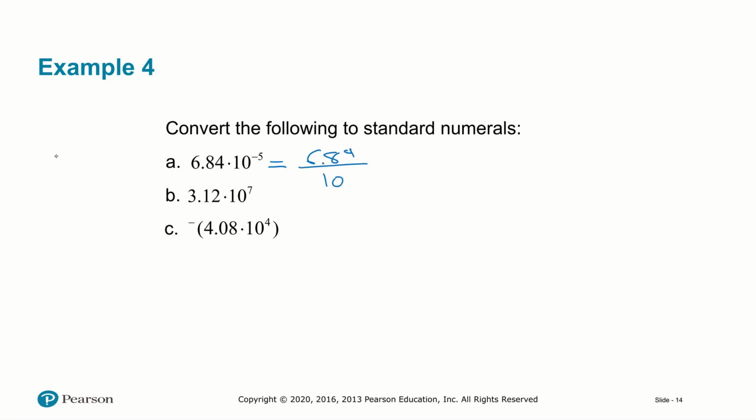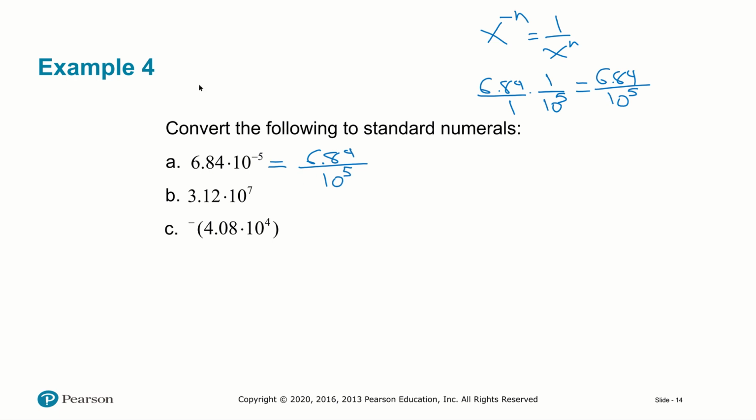over 10 to the 5, because remember, x to the negative n equals 1 over x to the n. So we get 6.84 times 1 over 10 to the 5. Of course, this is over 1, so you can just multiply it, 6.84 and 1, you get 6.84 over 1 times 10 to the 5, which is 10 to the 5. That's why it turns into this.